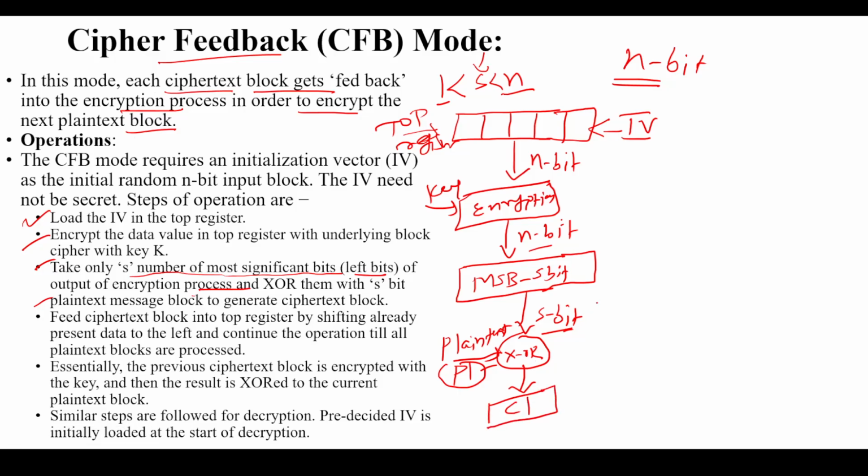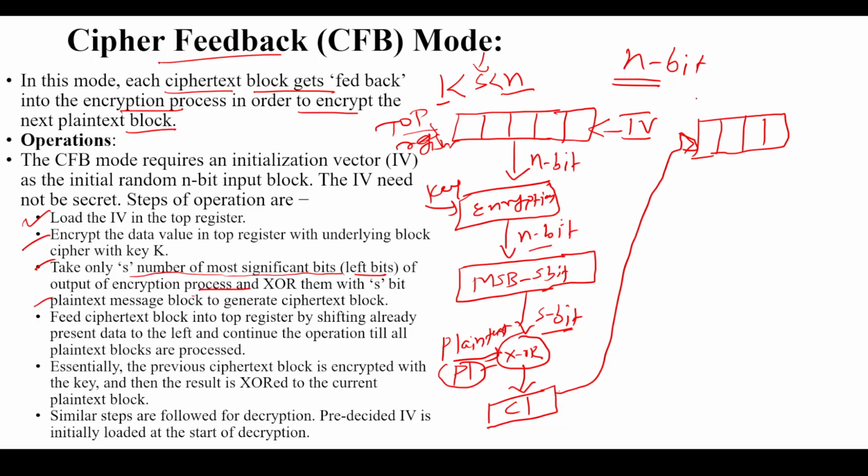Now see, in the next step, whatever output we generated in the last step, we are just adding that value. Some blocks are there, and the initialization vector was there in the first block. Now this output we are adding into the block, but where to add?